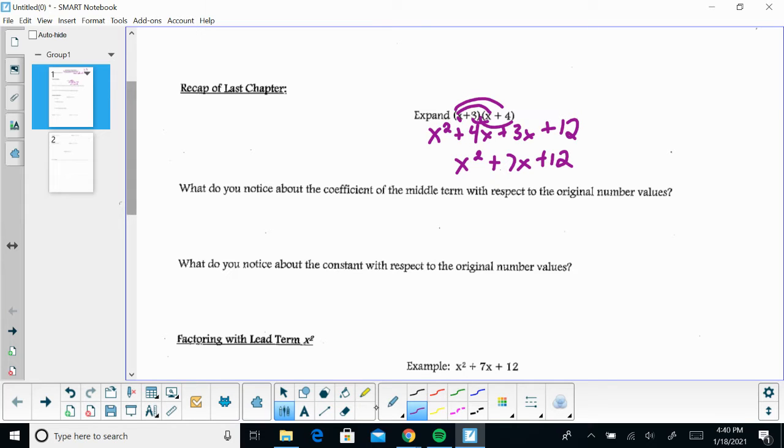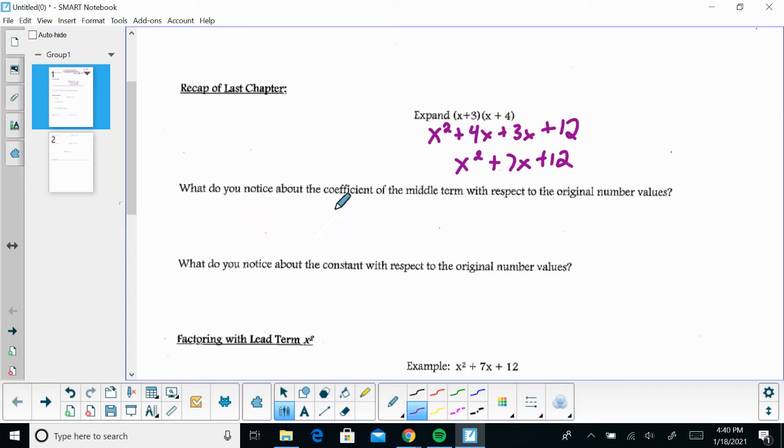So when I'm looking at this, we want to see if we can notice any patterns that we can use in factoring, because as we talked about last week, factoring is basically the opposite, the reverse, the undoing of multiplication or double distribution.